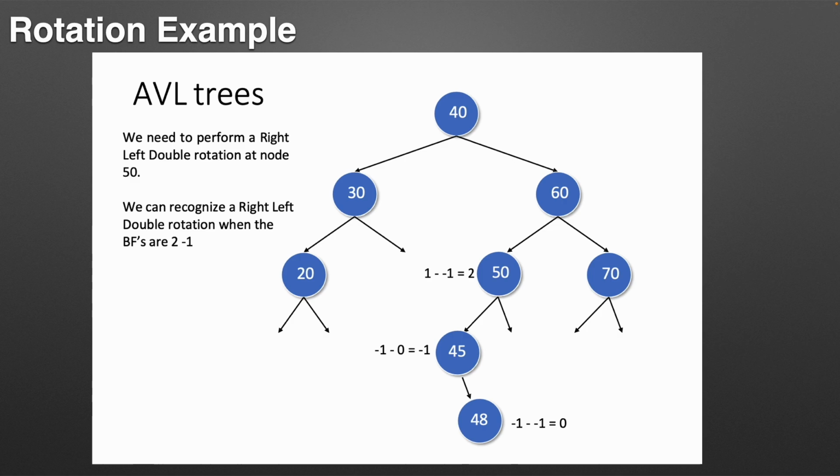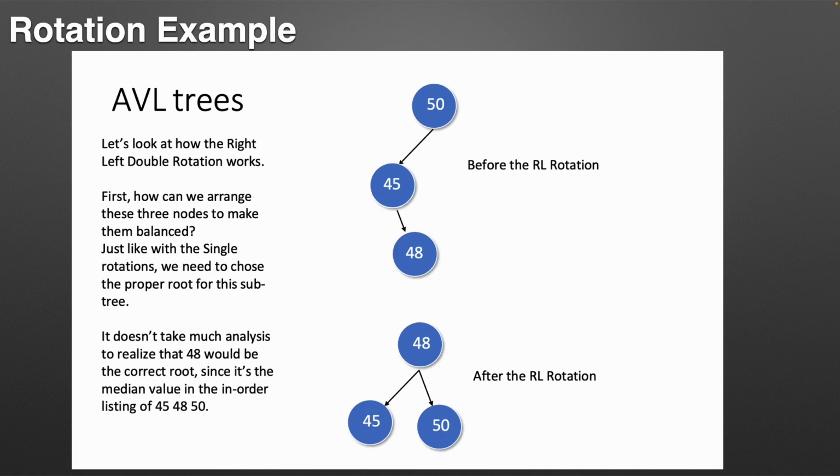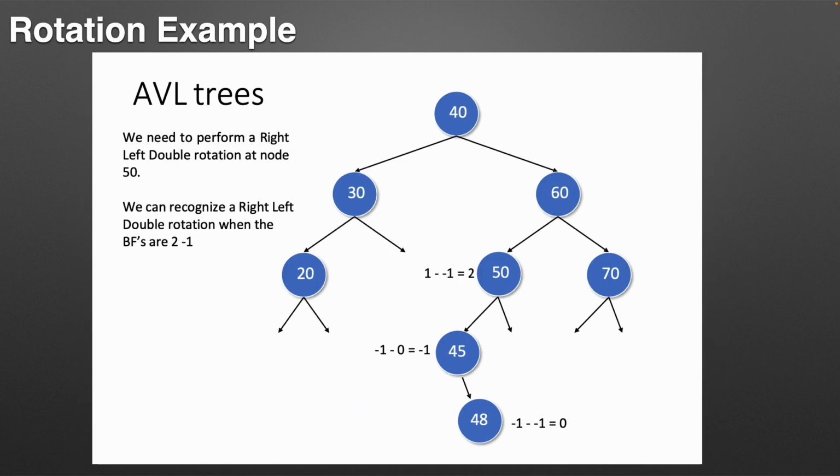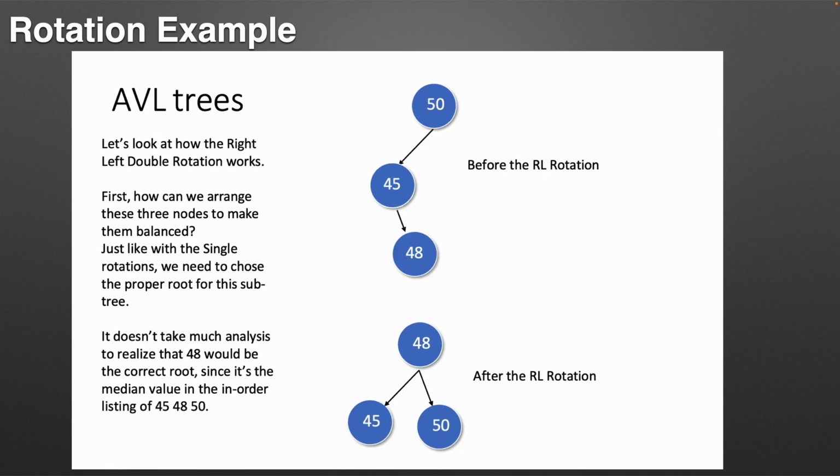But the important thing is that this is a different rotation from being just a right rotation or a left rotation. And so what we need to do is do that on node 50 here. Looking at how this actually works, if you think about how you can arrange these nodes so that they're balanced, it's not quite as simple as just picking up one and changing it.